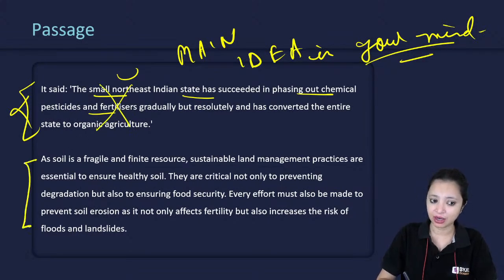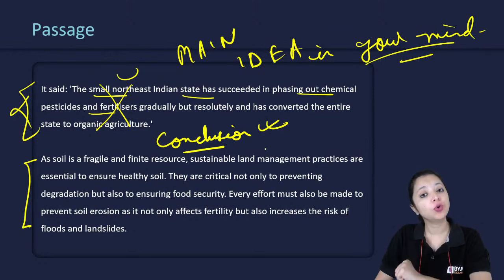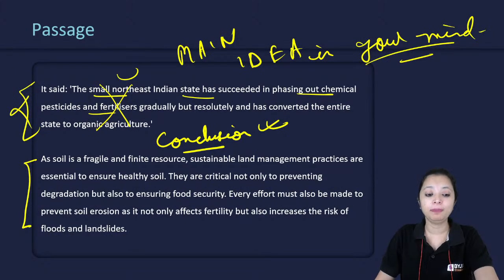This whole paragraph works like a conclusion to the page, to the passage. And when we have major conclusions drawn in a passage, we have to be very, very attentive with that, because that will help us identify the gist of the whole passage. It will encompass the entire idea that's mentioned in the whole passage.